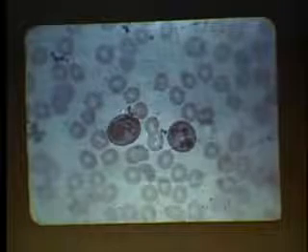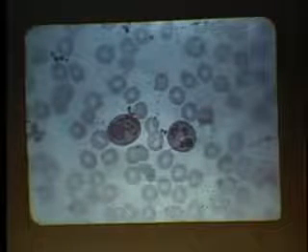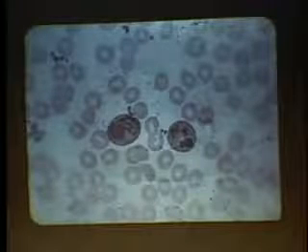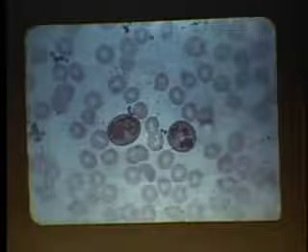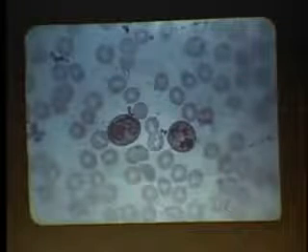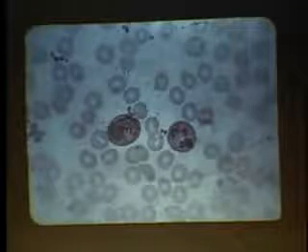In the next one. Now, what's this? A great big nucleus. Is it a polymorph? No. It looks like a kidney shape.